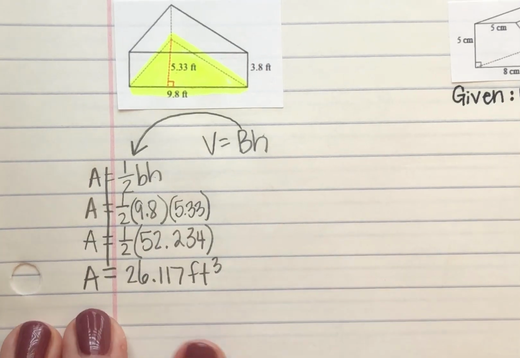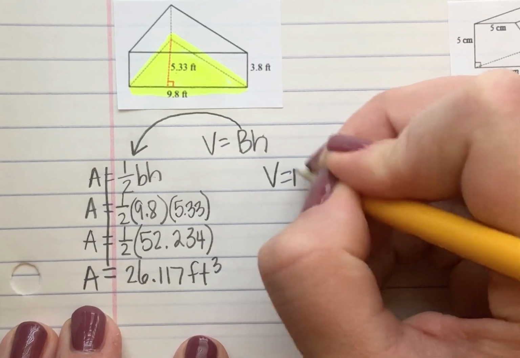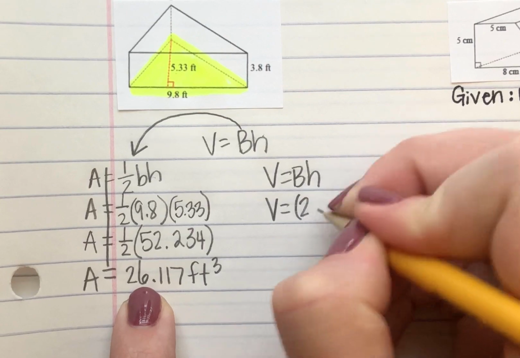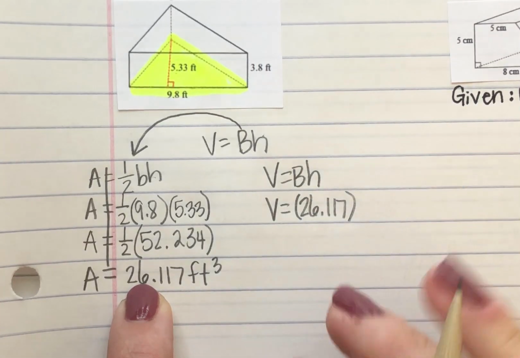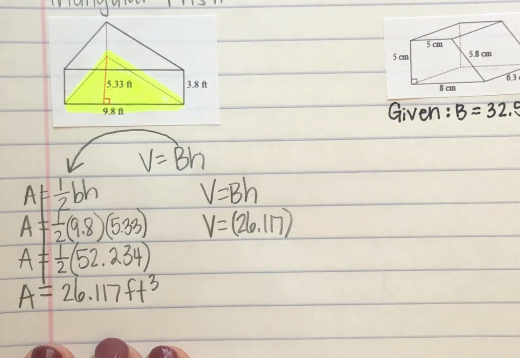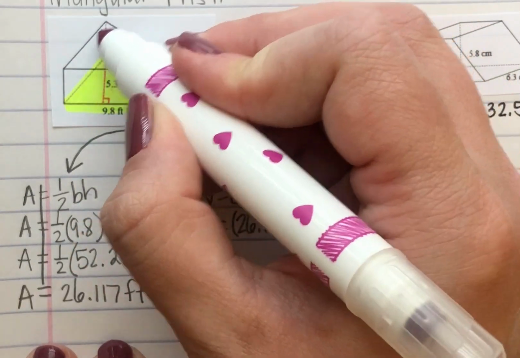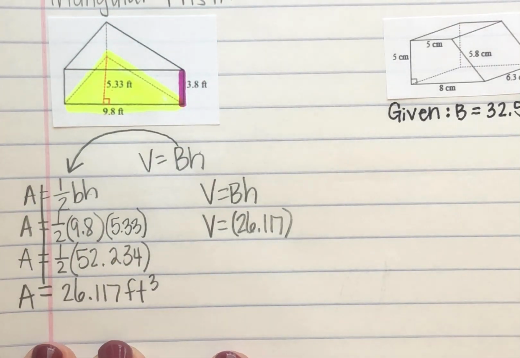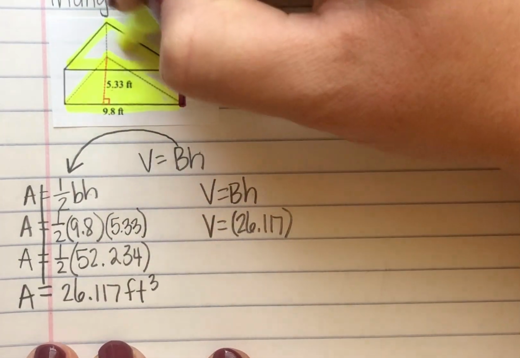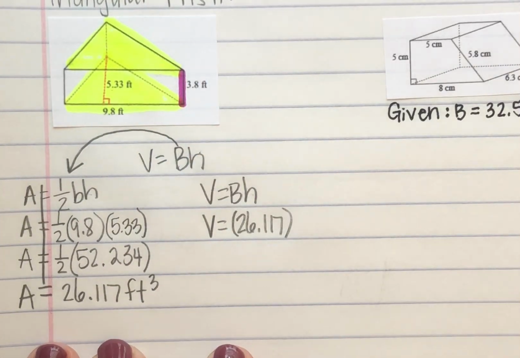Okay, so again, let's go ahead and plug in. I'm gonna move this over just a little bit so we have some room. Capital BH, we just found that capital B was 26.117, and now we need the height of our prism. Remember, the height of the prism is the distance between the two bases. So if this is the second base, if I highlight it, it's gonna look a little kind of funky here, but if this is the second base, the distance between those two things is 3.8 feet.